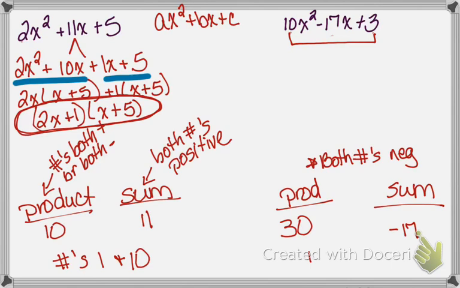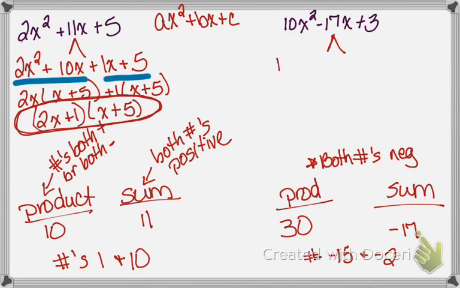What are my two numbers? What multiplied together gives me 30? Good. Multiplied together give me 30. Added together give me negative 17. And you're correct. Negative 15 and negative 2. Okay? Now, what we do here is we split it. And that right there, that step, splitting that term is where students get confused.